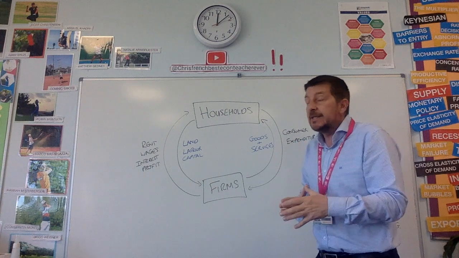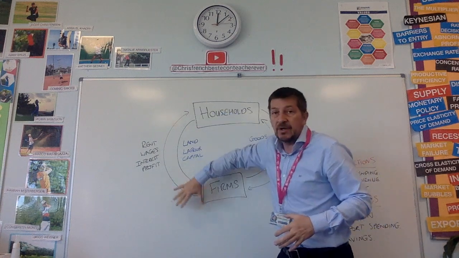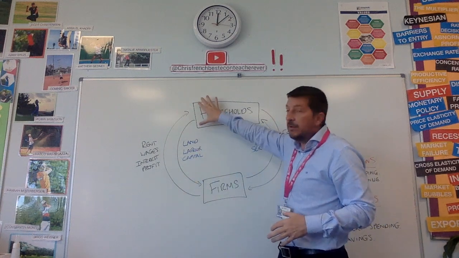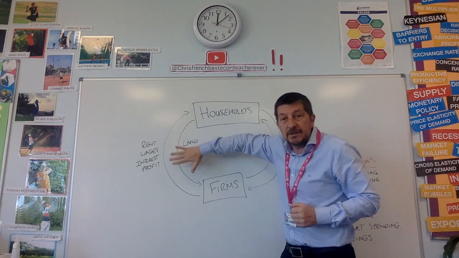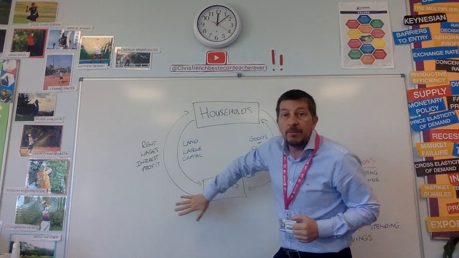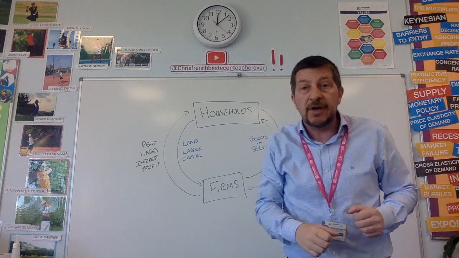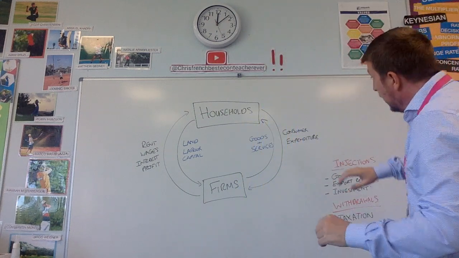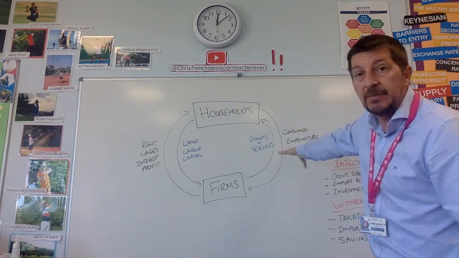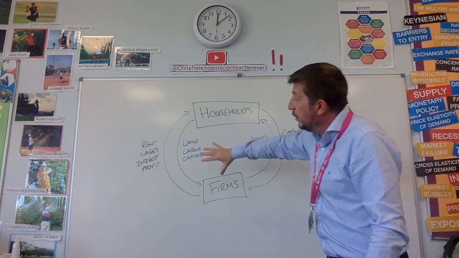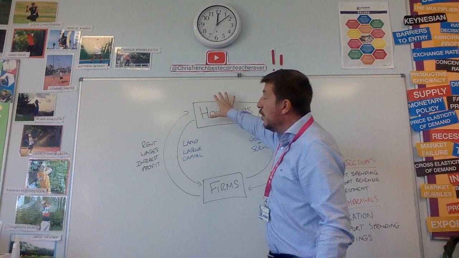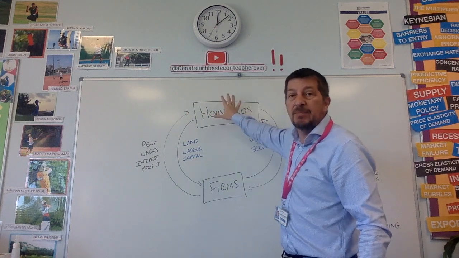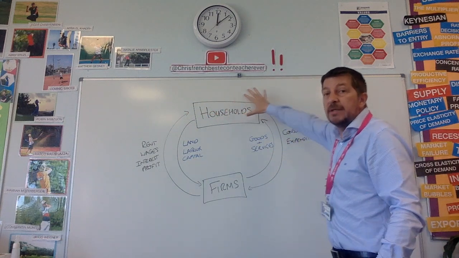Okay, so let's think about this. On this side of the economy, we have households providing factors of production to firms, and firms paying for those factors of production. Now if we look at the other side of the economy, we can see what's happening: the money that households earn from selling their factors is then spent on this side.